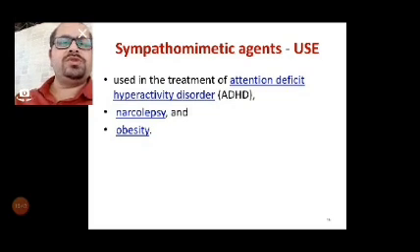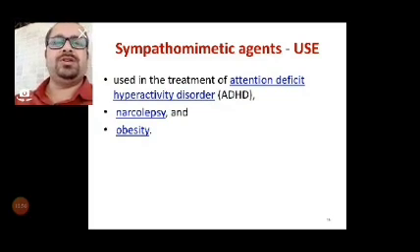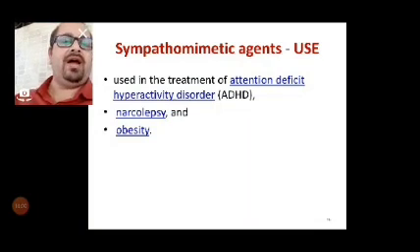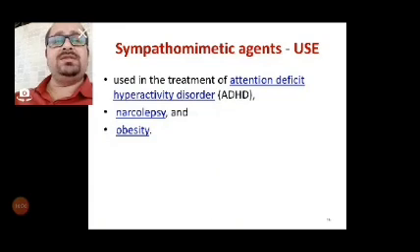This drug is also used in narcolepsy, meaning those people feel sleepy in the daytime also. This drug is also used to treat obese patients. So you can see narcolepsy, obesity, and attention deficit disorder are totally related to depression, depressive states. That's why these are stimulants to overcome the depression.